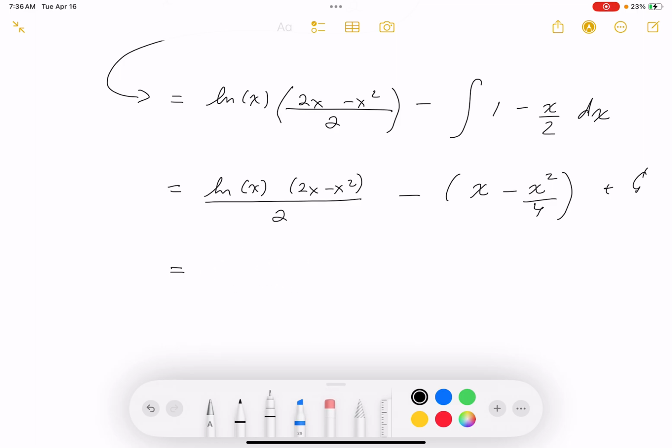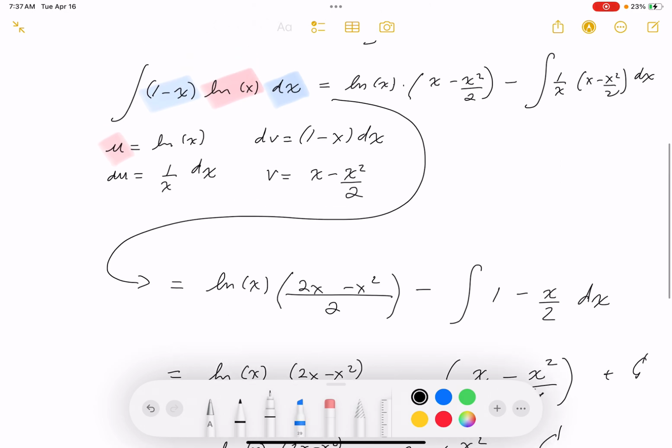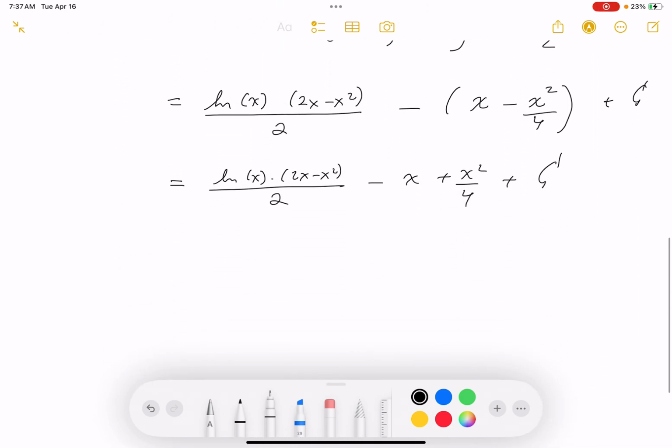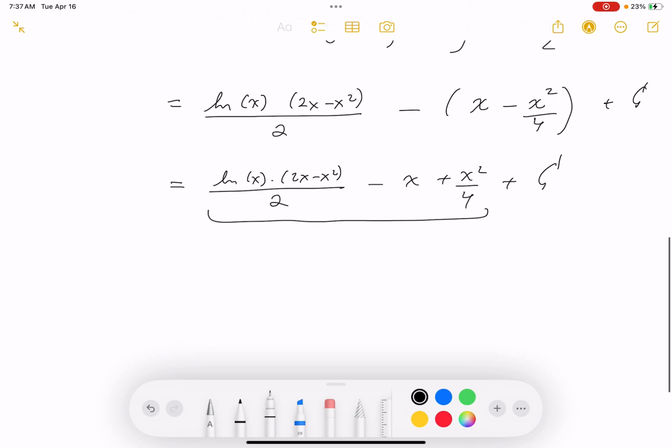But let me simplify that other part. So natural log of x times 2x minus x squared, and what do you get over here? You get over 2. And this will be minus x plus x squared over 4 plus some constant of integration. I want to remind you, the whole point of that was to find this guy's antiderivative, and I found the antiderivative, this thing over here. All right?